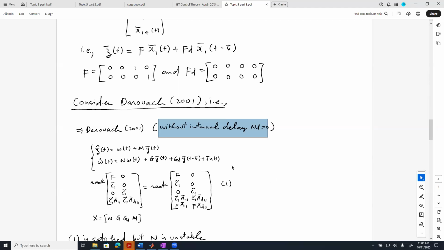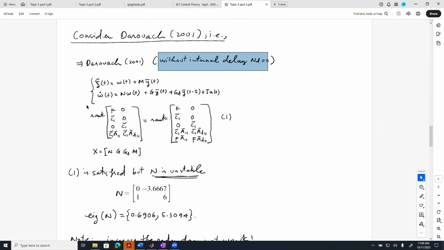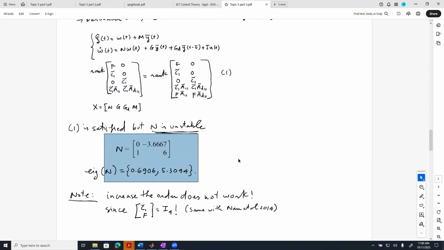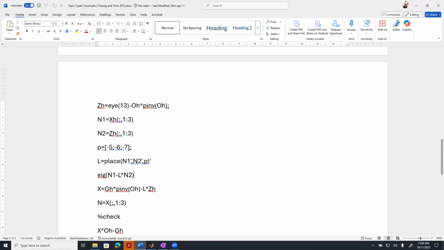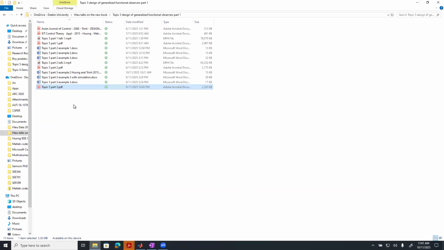According to the condition in there, we can test it, and it is satisfied, but it gives us an unstable observer.